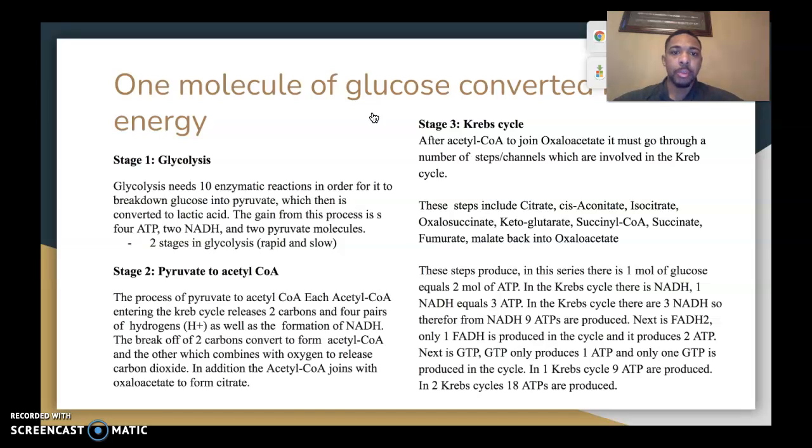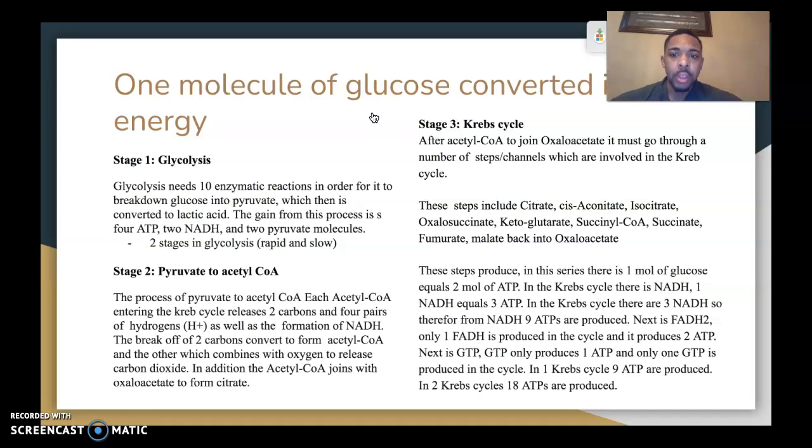So, in stage three, the Krebs cycle, after acetyl-CoA joins oxaloacetate, it must go through the Krebs cycle, which is a number of steps. These steps include citrate, cis-aconitate, isocitrate, oxalosuccinate, ketoglutarate, succinyl-CoA, succinate, fumarate, malate, back into oxaloacetate again.